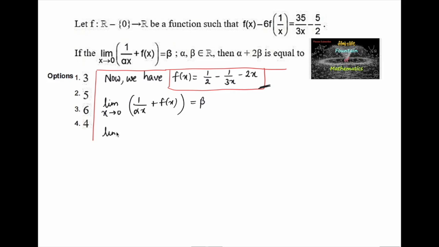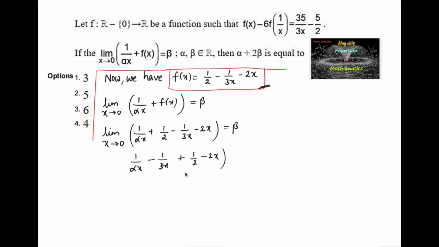So we can write limit x tends to 0, 1 upon alpha x, and f of x we can write 1 by 2 minus 1 by 3x minus 2x, which is equal to a finite real number. And here, as x tends to 0, 1 upon alpha x minus 1 upon 3x plus 1 upon 2 minus 2x.